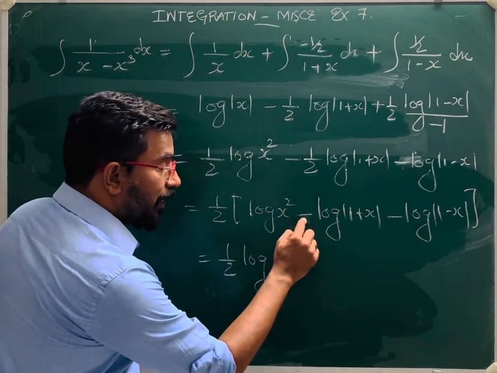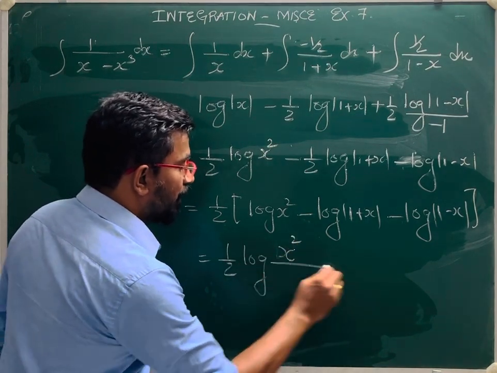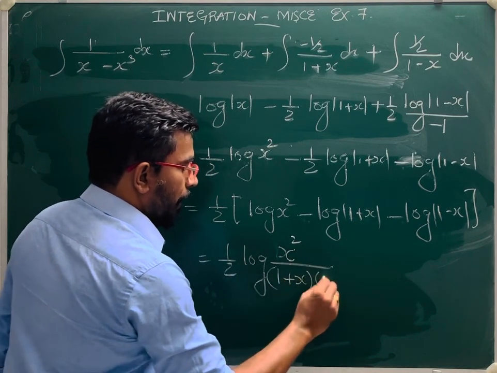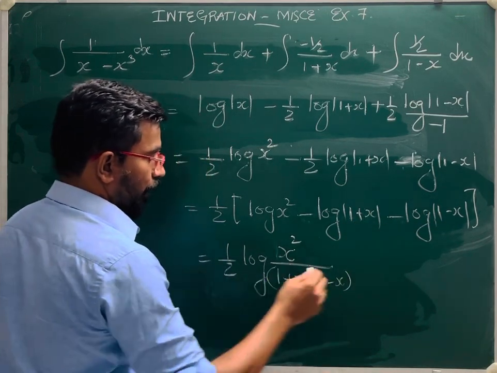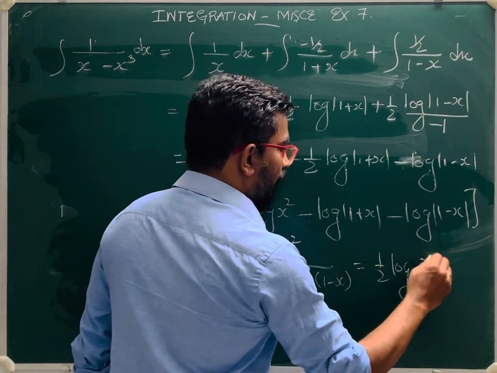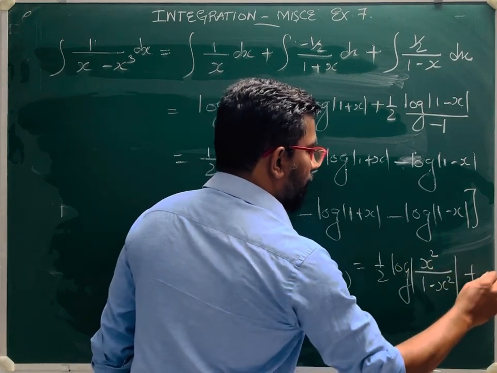And when there is a minus here, that I can write in division form. So in fact, I can write it as x square by 1 plus x into 1 minus x. This again by the laws of logarithm. So that will become half log mod x square by 1 minus x square plus c.